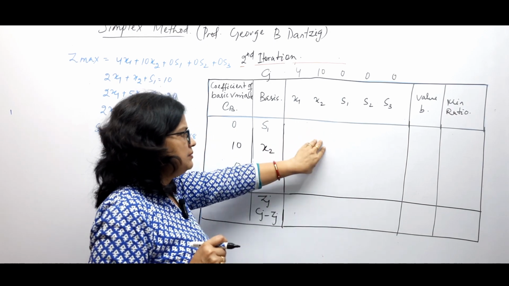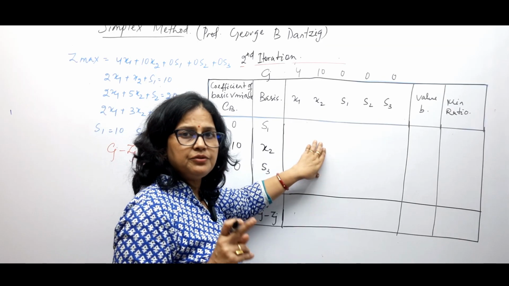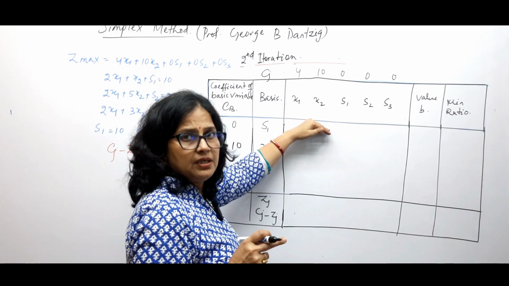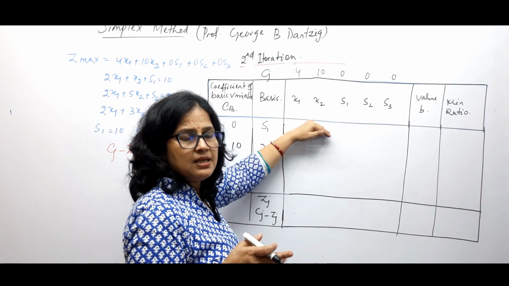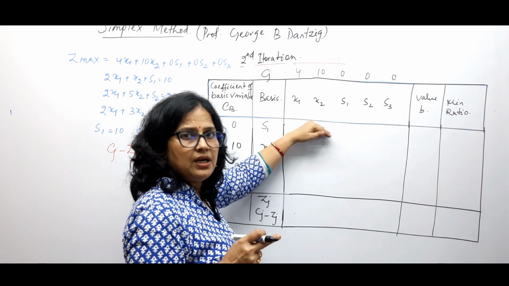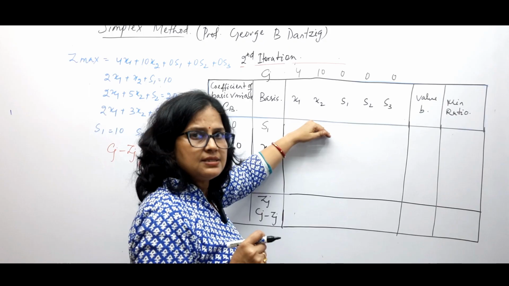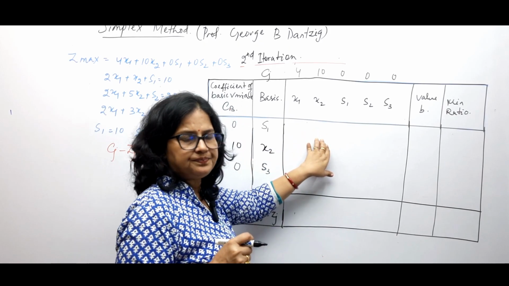Means the key element we have to make 1, and the corresponding rows in our matrix we have to make 0. So what we need to do? Let us see. First we have to make the key element 1.